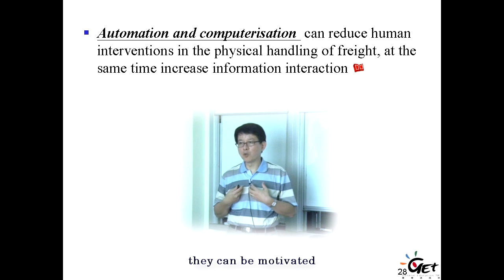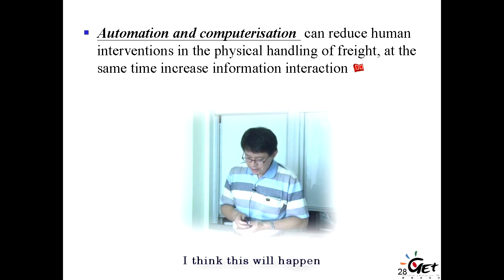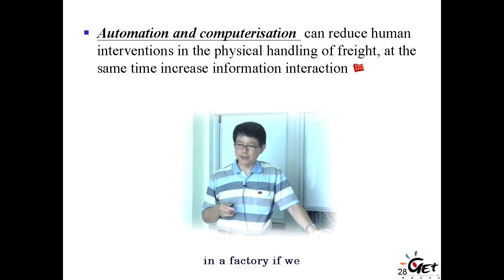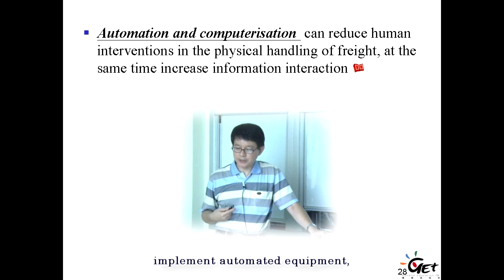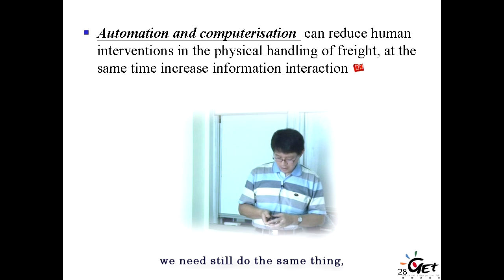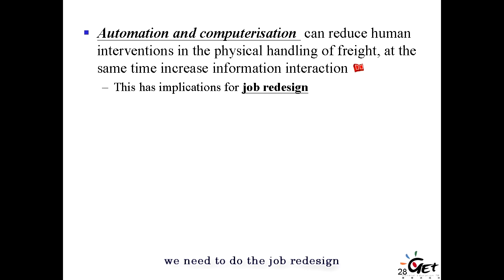They can be motivated. So I think this will happen not just in the warehouse, but in the factory. If we implement automated equipment or an automated information system, we still need to do the same thing. We need to do the job redesign so that we can motivate our employees, right?